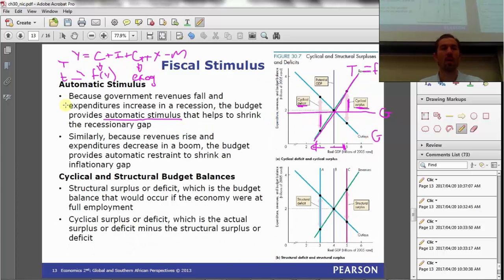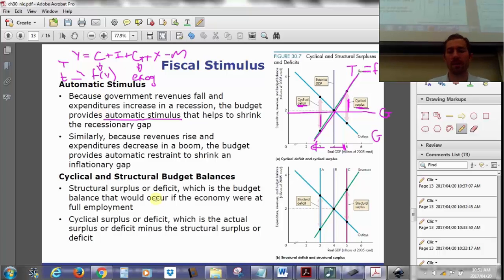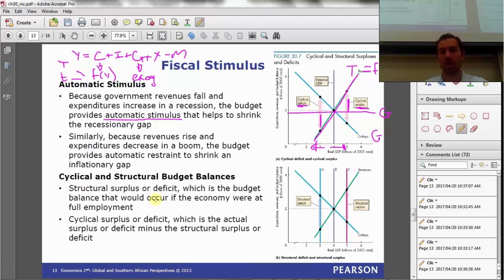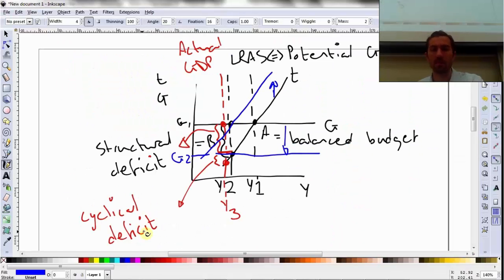So we have automatic stimulus as well as any kind of discretionary changes, like what you asked, right? So a shift in government spending up or down, or an increase in this tax curve up, those would be discretionary fiscal policy actions, right? So let's just put that there. Am I spelling discretionary right?